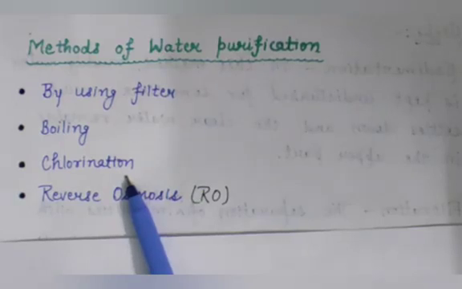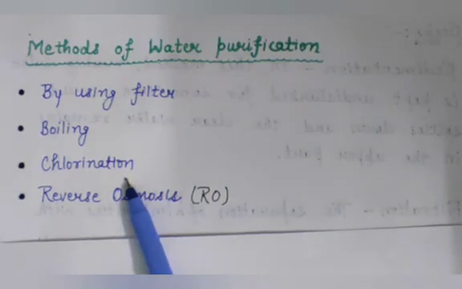Chlorine is added into water to kill germs. But it is important to know how many tablets should be used, and we should not use an excess amount of chlorine. We can also use bleaching powder, which can be added to water to kill germs.